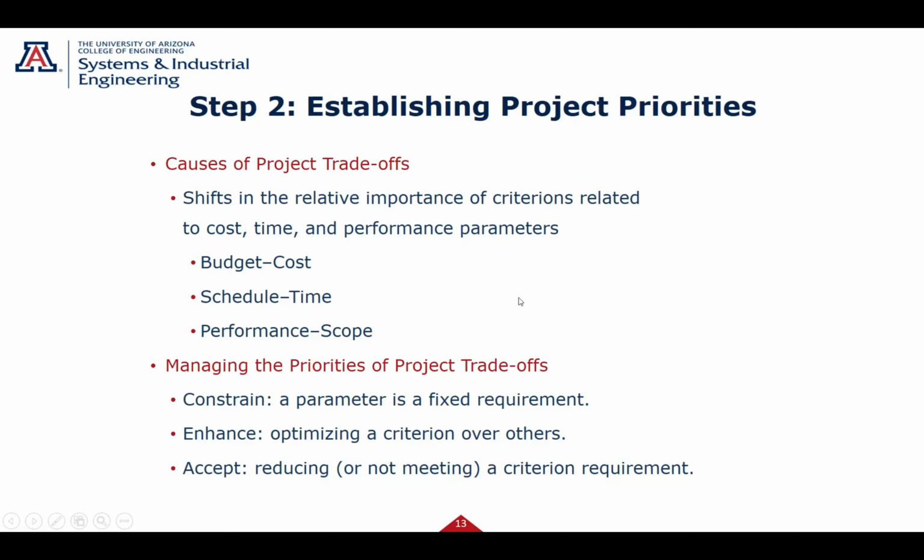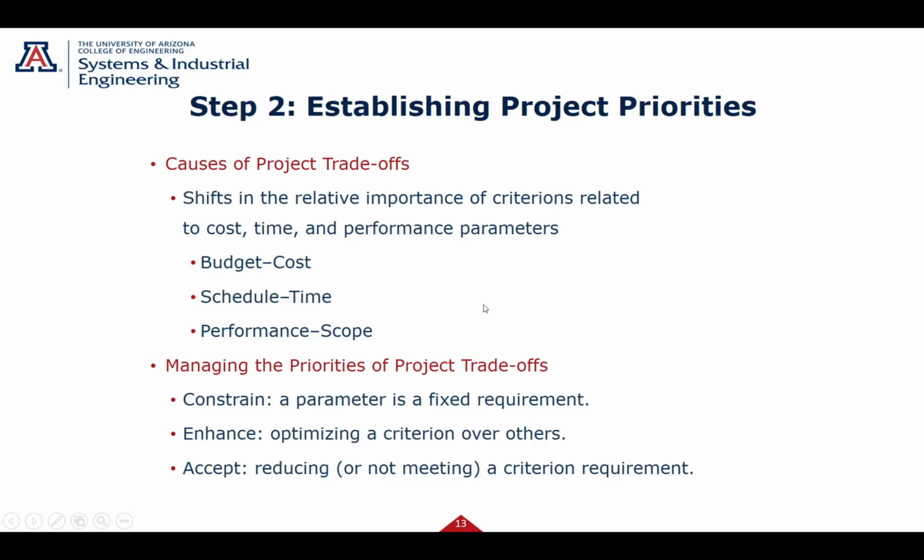Lots of times they're going to tell you, yeah, they're all important. Okay? So you have to manage those things. And you might call them now what we call constrain, enhance, or accept. So constrain is a fixed requirement. I cannot slip schedule.